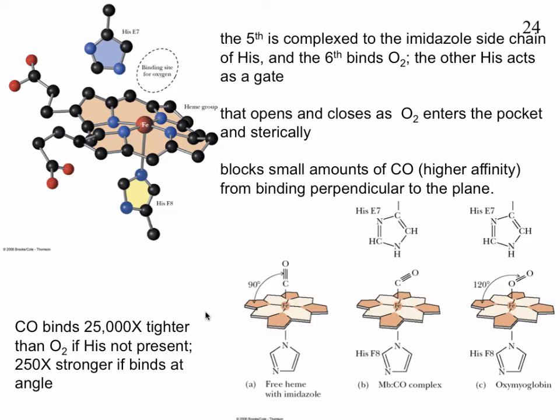By having that histidine there and causing imperfect binding of the carbon monoxide, it's only 250 times stronger, binding at an angle. So it's not quite as bad as it could be. It's still really bad. I certainly wouldn't want to turn on my car in my garage, shut the door and stay there for a long time. But at least this helps a little bit in making sure the heme group is binding to oxygen and not carbon monoxide.